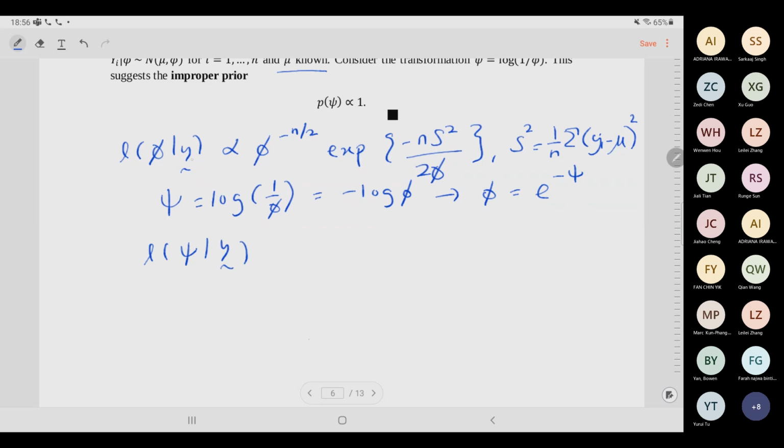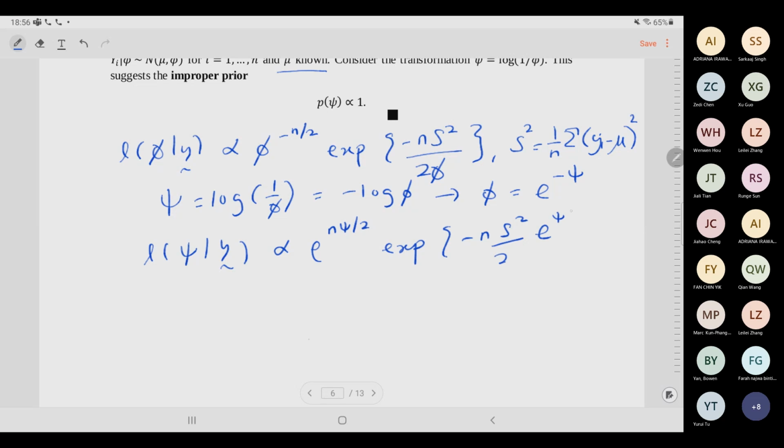Because if you look at the likelihood for your phi, it's just phi power exponential something, so it does not really imply anything. But if you use the transformation from phi to eta, it actually involves a lot of writing.